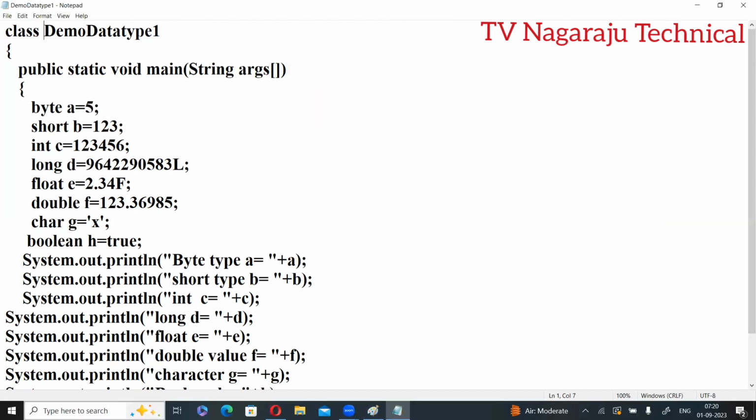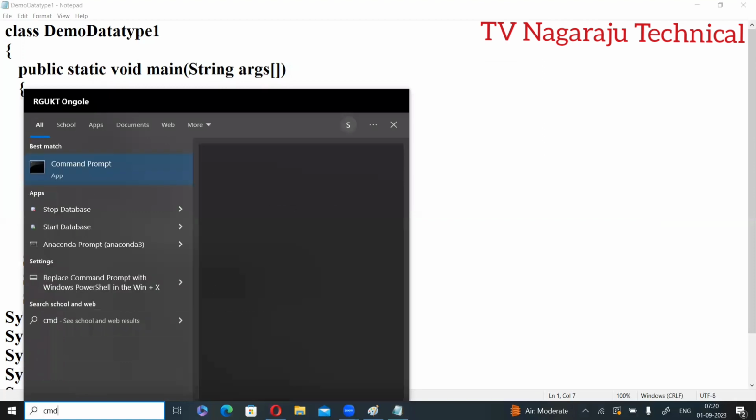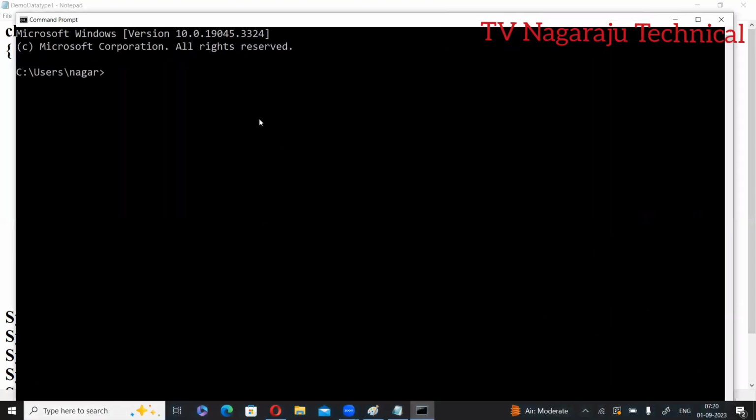Now go to the command prompt. Go to the location where your Java files are stored. cd javaprograms99. This is the location. First stage is compilation: javac DemoDataType1.java.